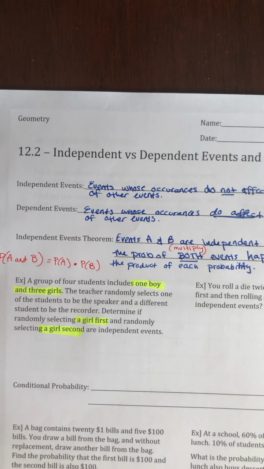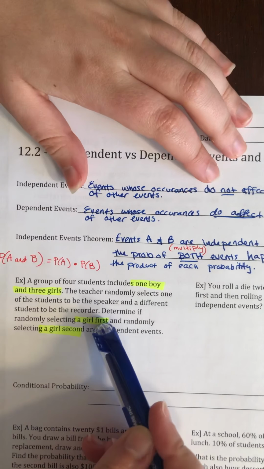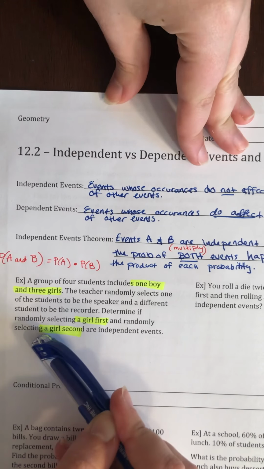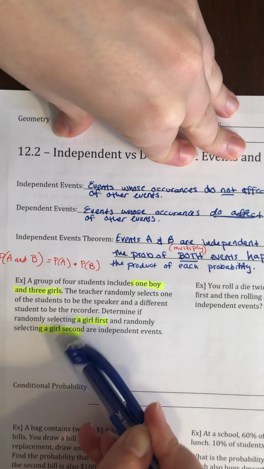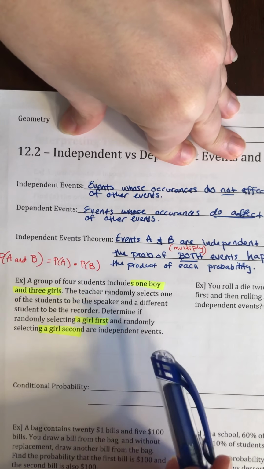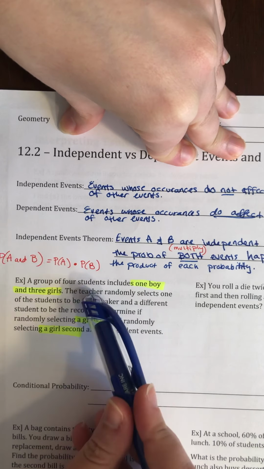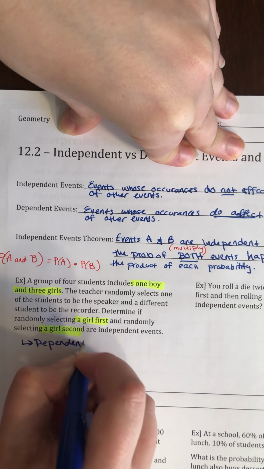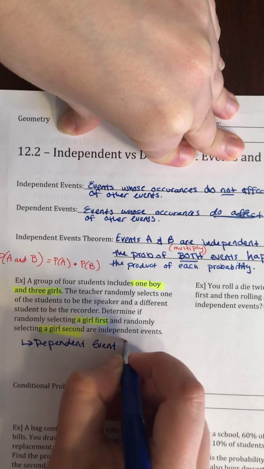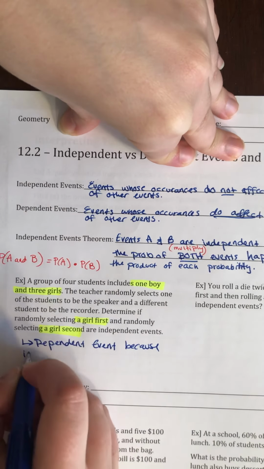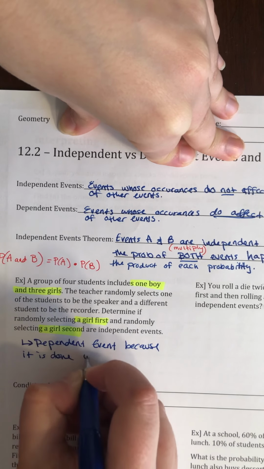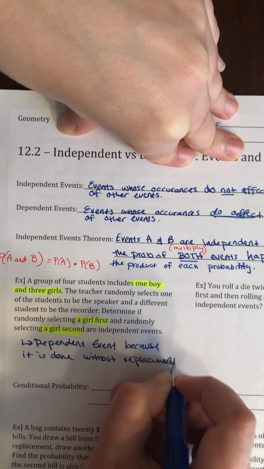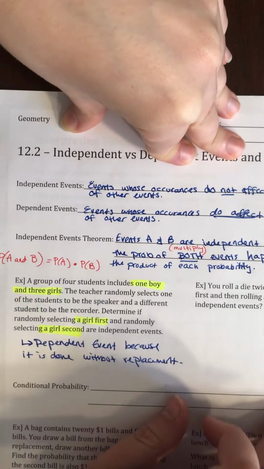Well, you're selecting someone, and then you're selecting someone else. That initial girl isn't put back into the group. She can't be the speaker and the recorder. So this is a dependent event, because it is done without replacement. We aren't putting that girl back, so it does affect the number that you pull from next.